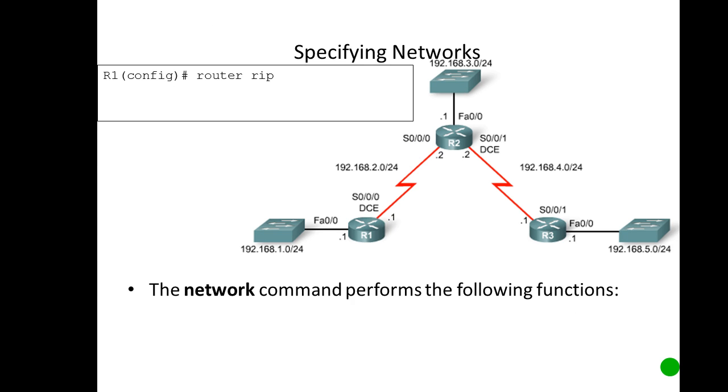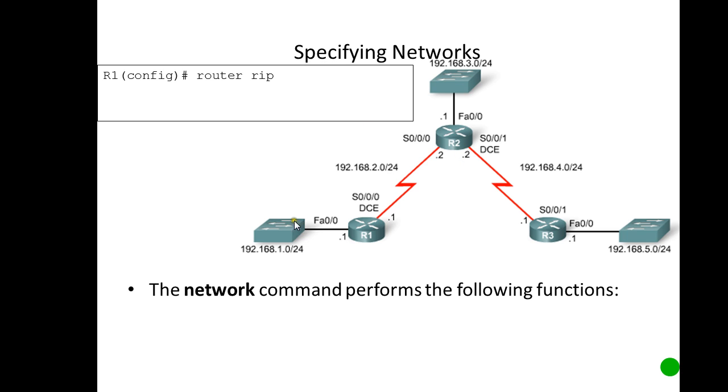So in this case, let's look at R1. This router has two directly connected networks. One is 192.168.1.0. It has another directly connected network, which is 192.168.2.0.